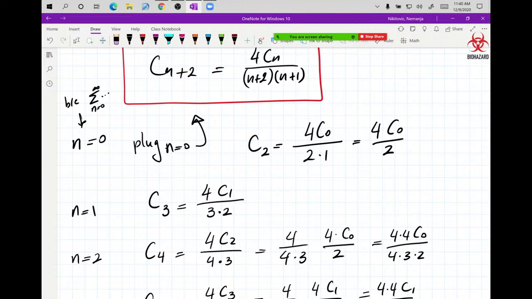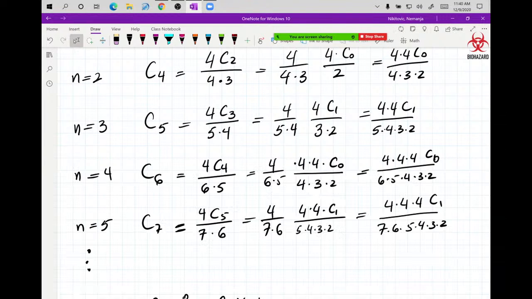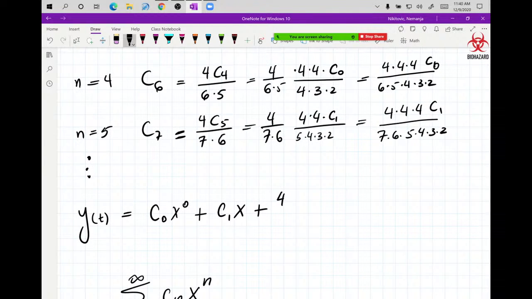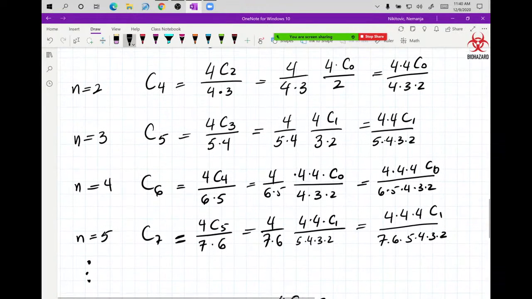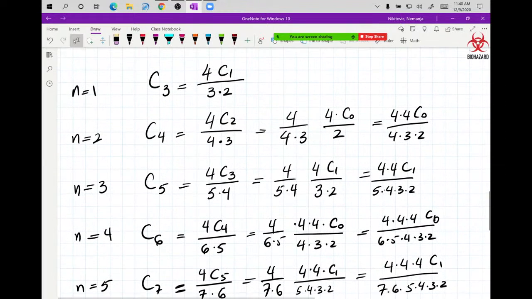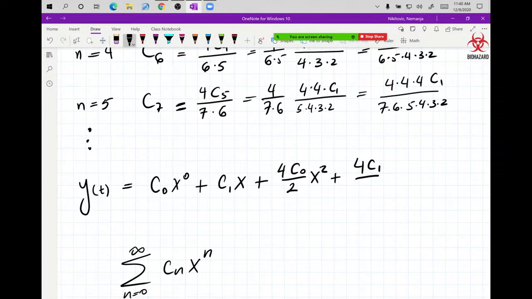It's 4C0 over 2, and then x squared, from the power series. Plus C3. Well, that's on my list. C3 is 4C1 over 3 times 2, x cubed, plus.